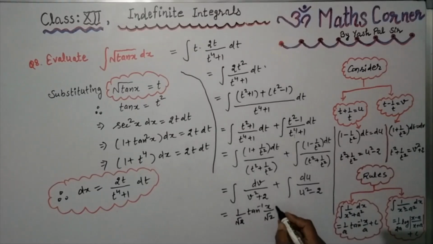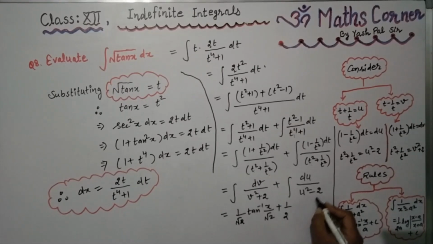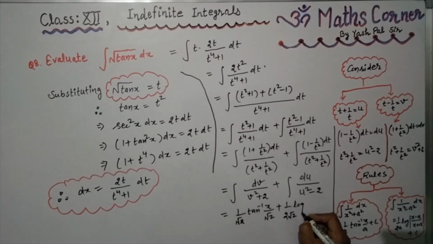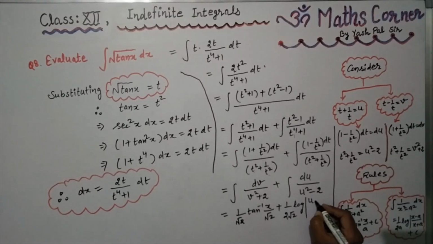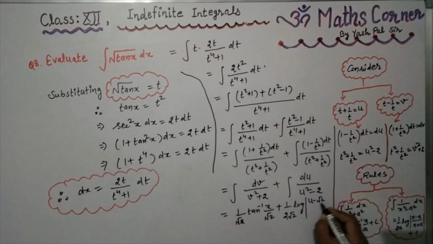And the second rule is integral of 1 upon x square minus a square dx equal to 1 upon 2a log of x minus a upon x plus a plus c. So this second rule we apply here.